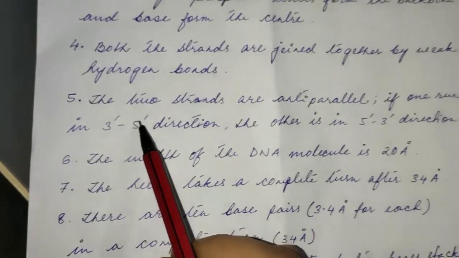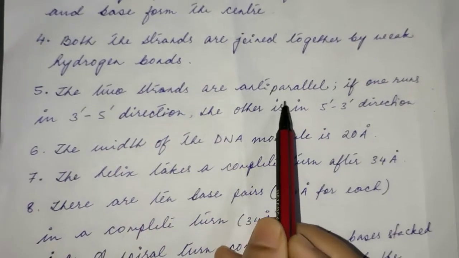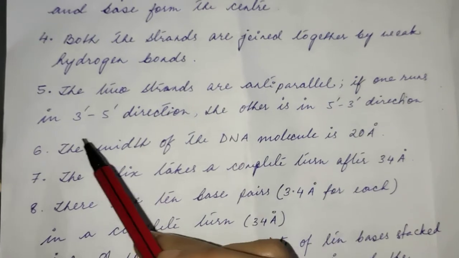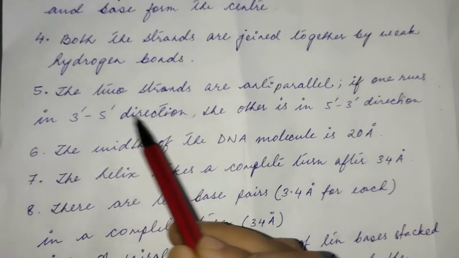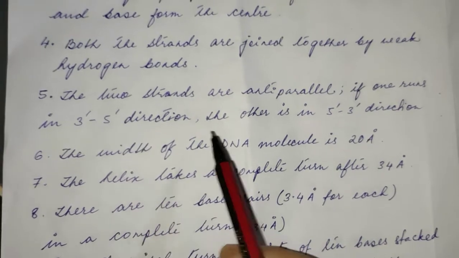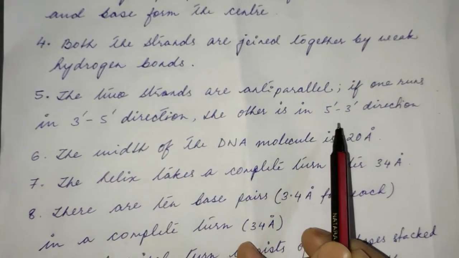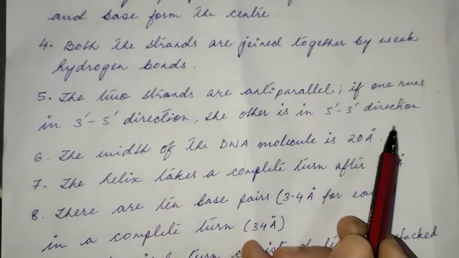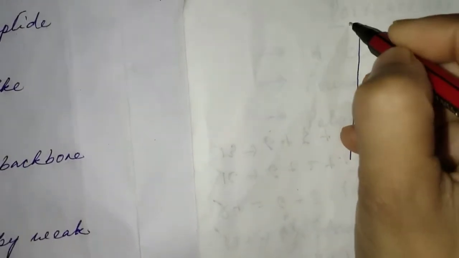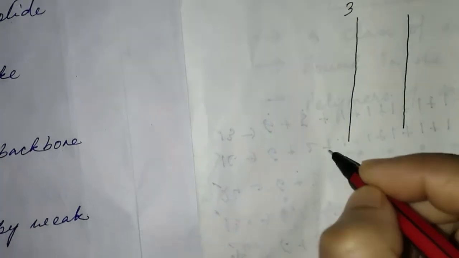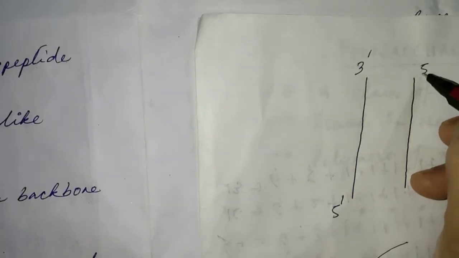Point number 5, the two strands are anti-parallel. If one runs in 3' to 5' direction, this is known as prime, the other is in 5' to 3' direction. So both the strands are anti-parallel. If one is 3' to 5', another is 5' to 3'.